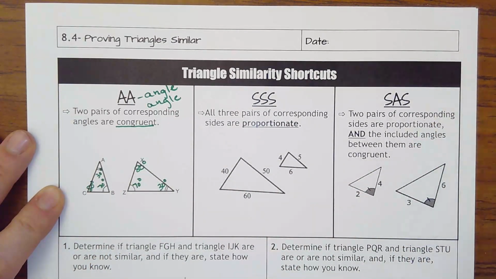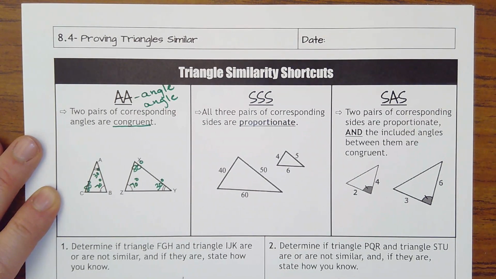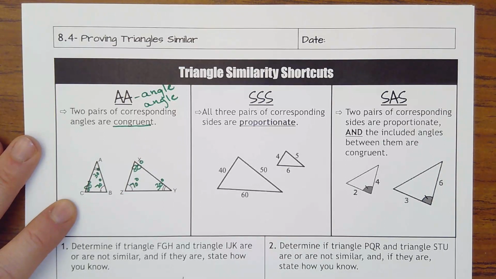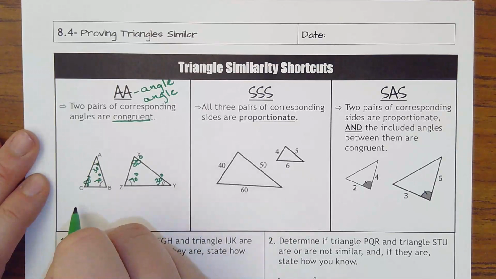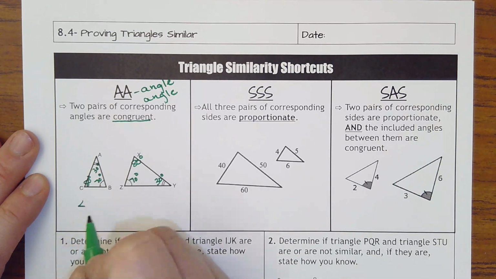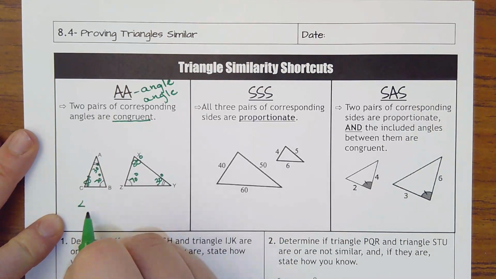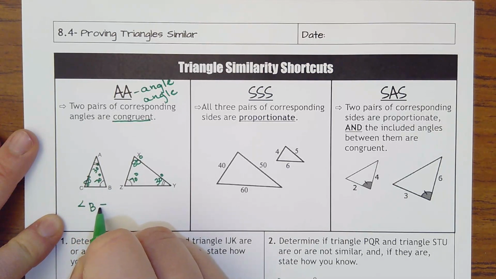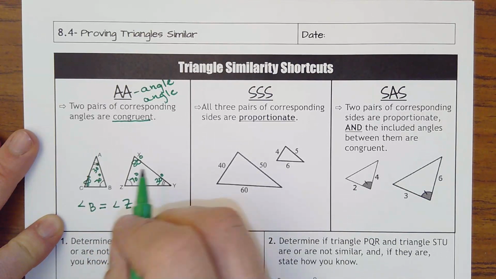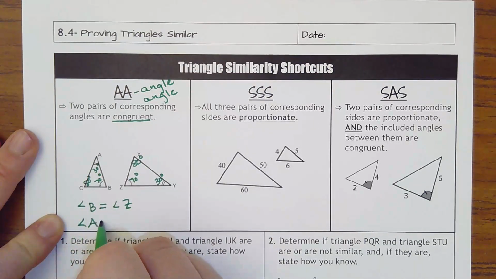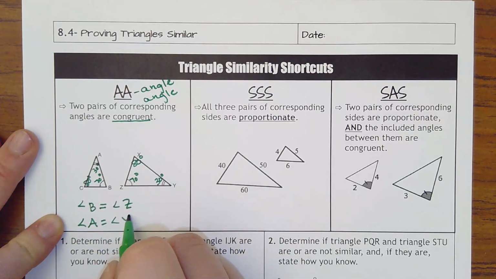So really I only need to know 2 angles because then the third one automatically is the same, and therefore making the triangles similar. I could not say that they're congruent by that, but anyways, so that's what I'm looking at, is seeing that angle B is equal to angle Z, and angle A was equal to angle Y.